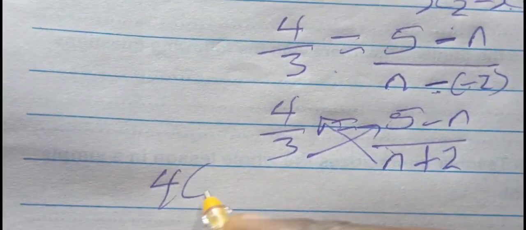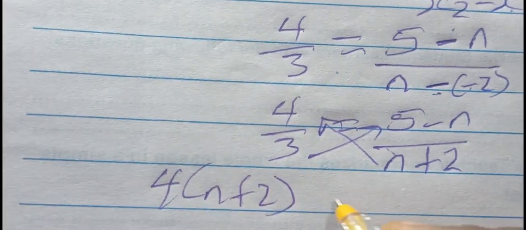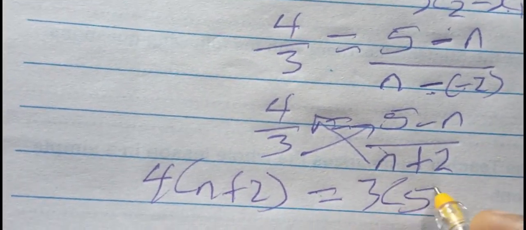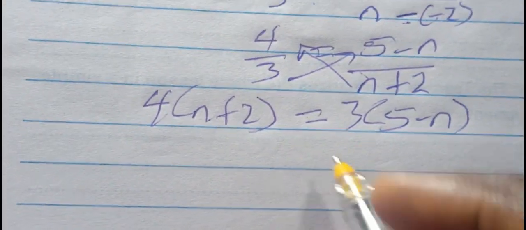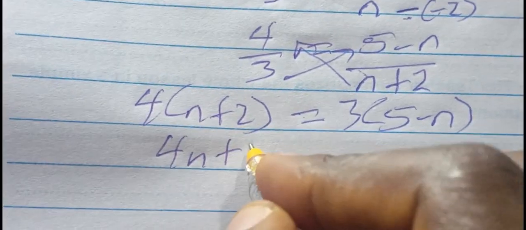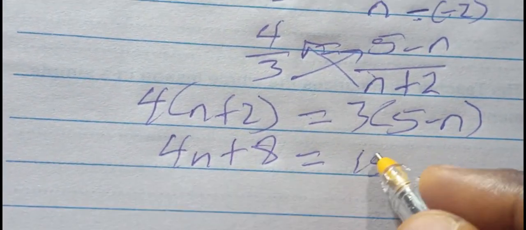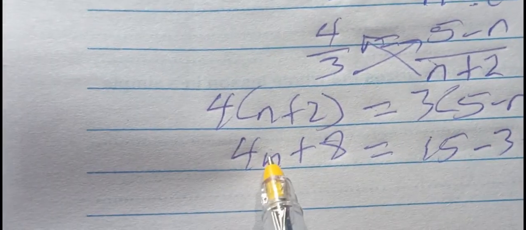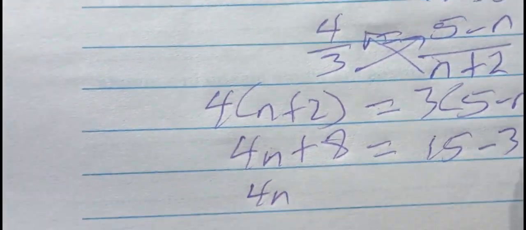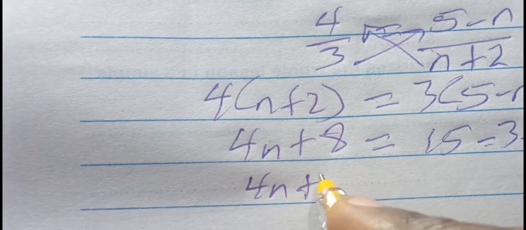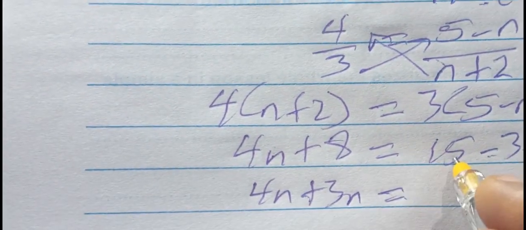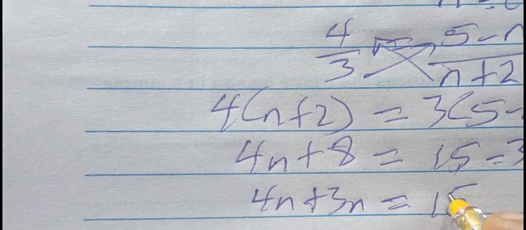Now let's cross multiply. This goes up, this goes up. So we have 4 into n plus 2 is equal to 3 into 5 minus n. So from here we have 4n plus 8 is equal to 15 minus 3n. So minus 3n comes to this side, and 4n plus 3n gives 7n is equal to 15.